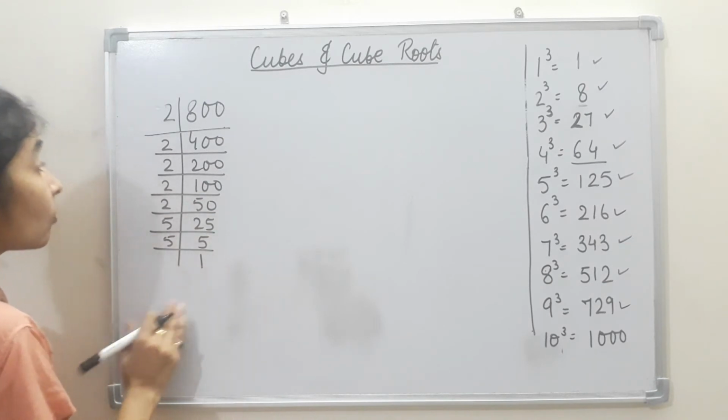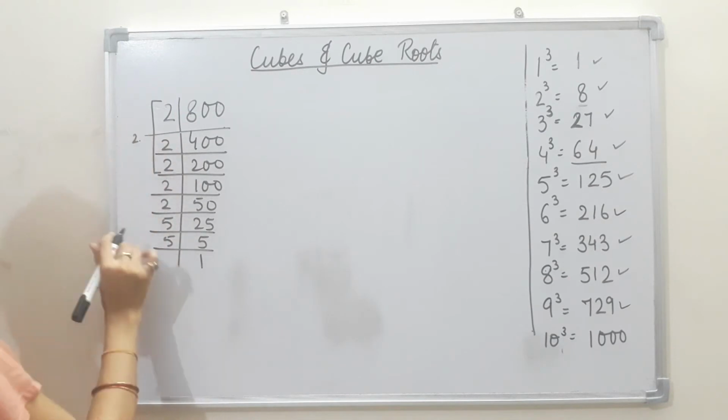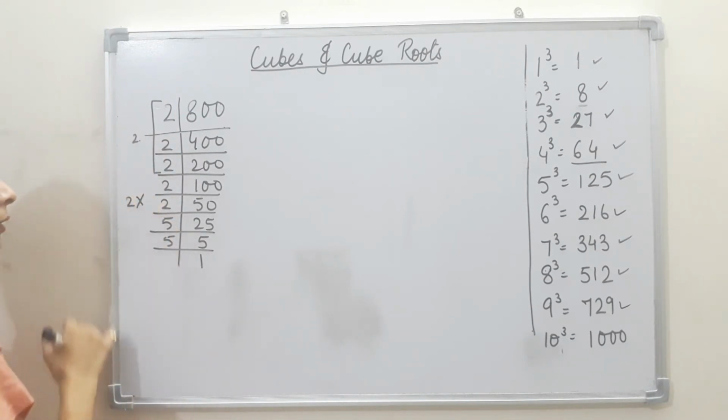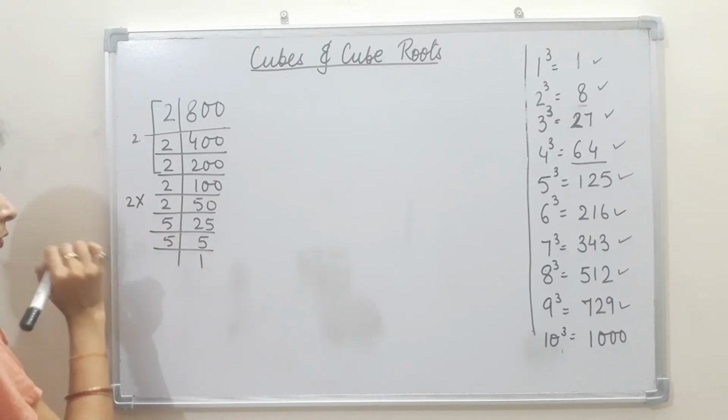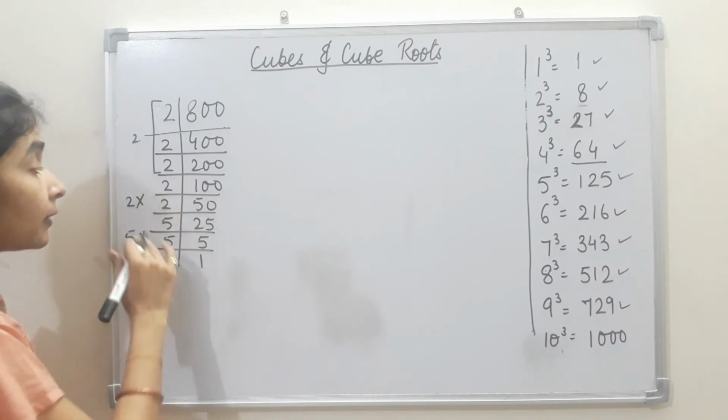Okay. Now, what do we observe here? 2 is in triplets here. Okay. But here 2 is not in triplets. So, we need to multiply 2 here. 5 is also not in triplets. So, we need to multiply 5 here also to make it in triplets.